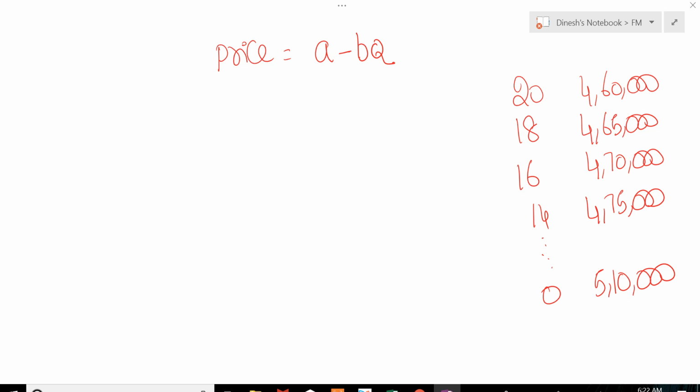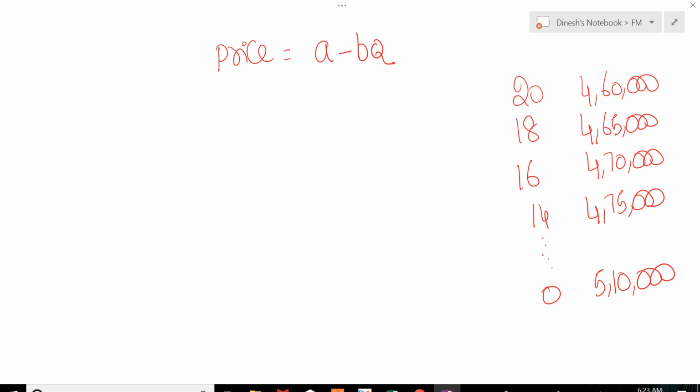Full stop. The number of units will come down to 0 if the price is increased by 5,000 10 times.